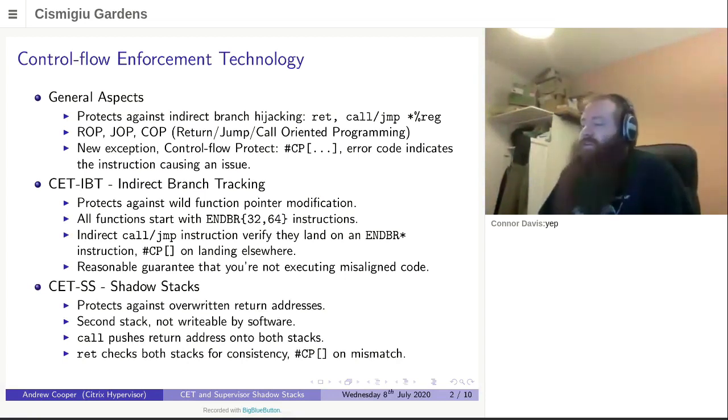So shadow stacks are a new mechanism to protect against overwriting of a return address. So, a classic buffer overrun vulnerability in languages like C, because unfortunately it's not very nice to us that way. What happens is the call instructions put the return address on both stacks, and ret instructions check both stacks for whether they match, and you get an exception if they're missing.